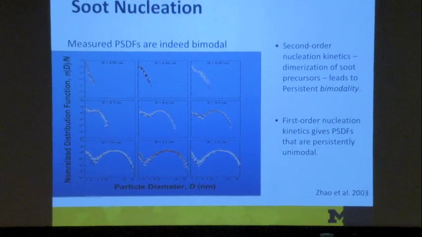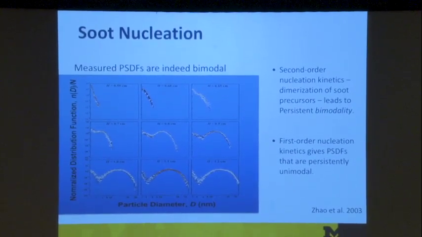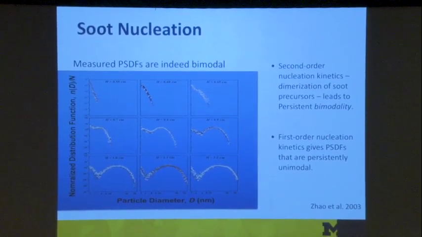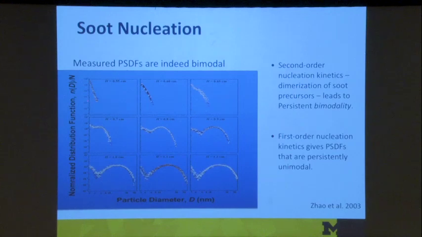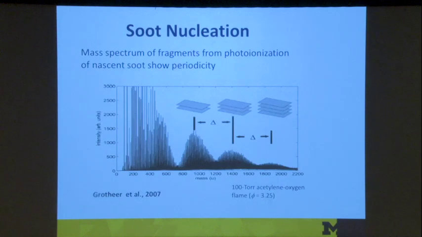First order nucleation gives instead particles that are just unimodal. So this shows you the formation of the first nanoparticle, and then the second, that is bimodal. This tells you something about the kinetics: a second order, two things getting together. So we want to understand what those two things are and how they grow.